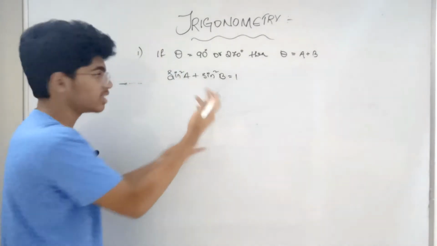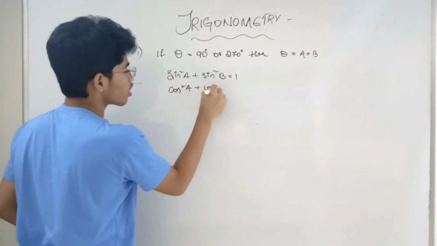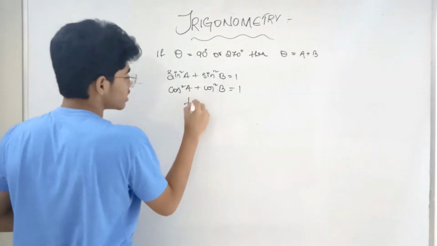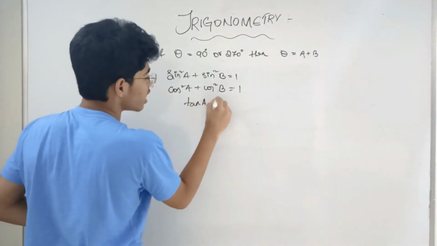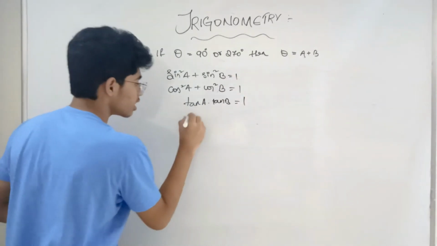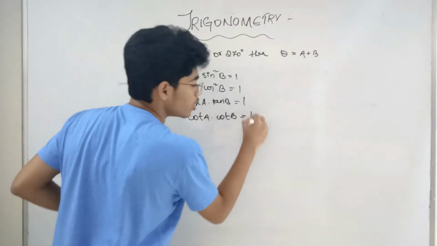We have many like this. Cos square a plus cos square b is also equal to 1, and tan a into tan b equals 1. Similarly, cot a into cot b is also equal to 1.